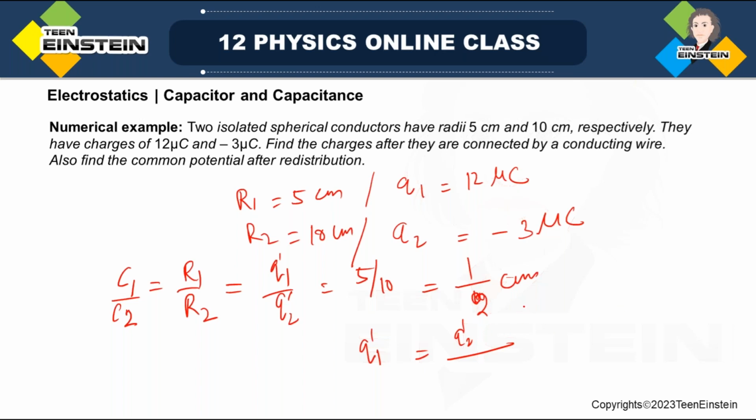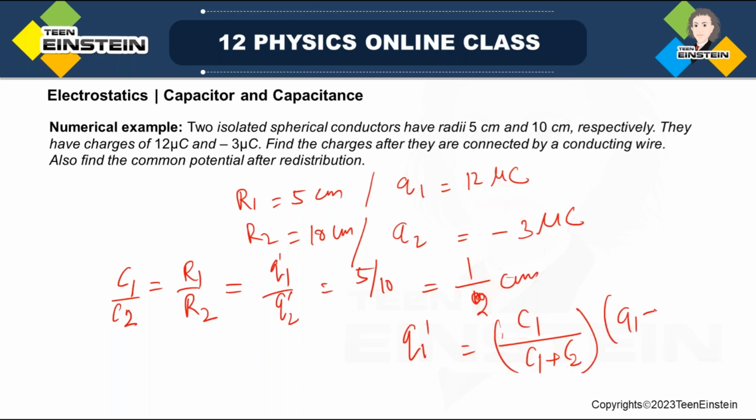How do we calculate Q1 prime? Q1 prime is C1 by C1 plus C2 into Q1 plus Q2.